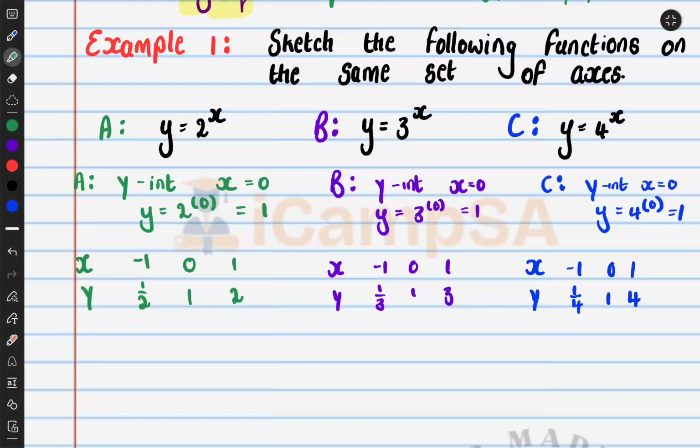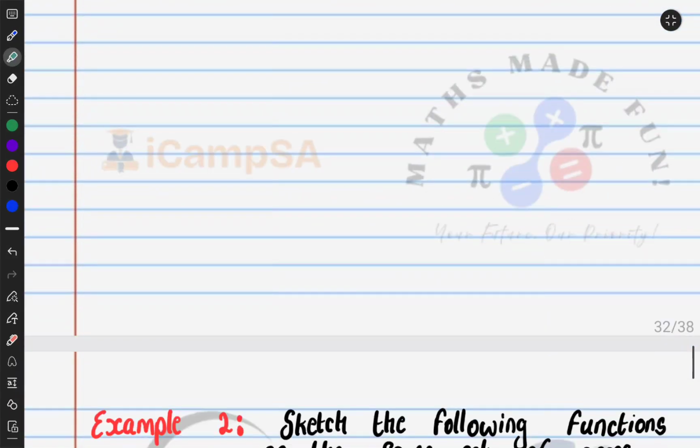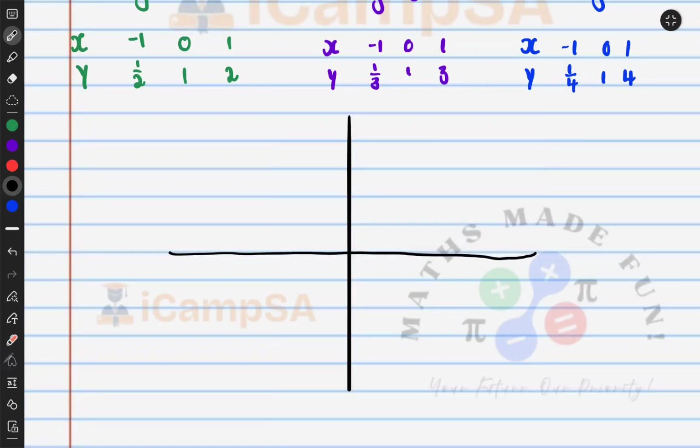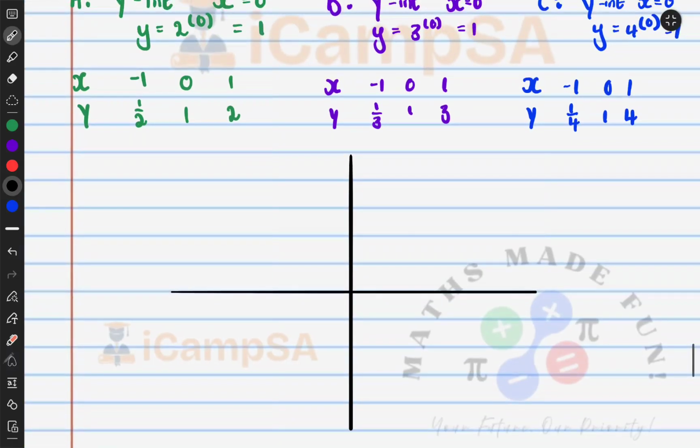We're expecting to see function number c being the steepest amongst these three functions, but let's sketch and see what happens, because remember that the value of p affects the shape and the steepness of the function.